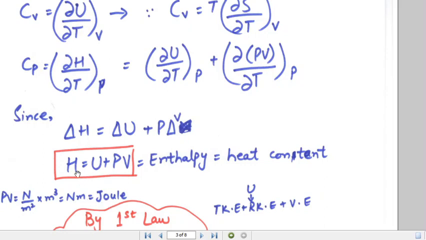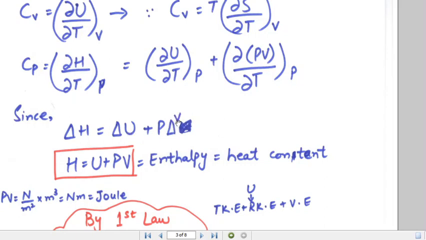So enthalpy, which is denoted by H and is equal to U plus PV, is basically the total heat content present in any system, and the change in enthalpy of any system can be found by finding the change in internal energy of the system and the change in the volume.